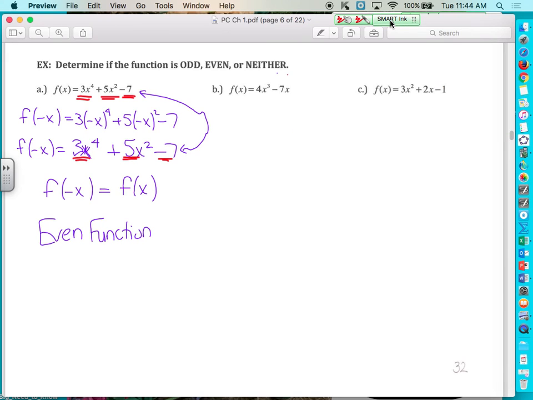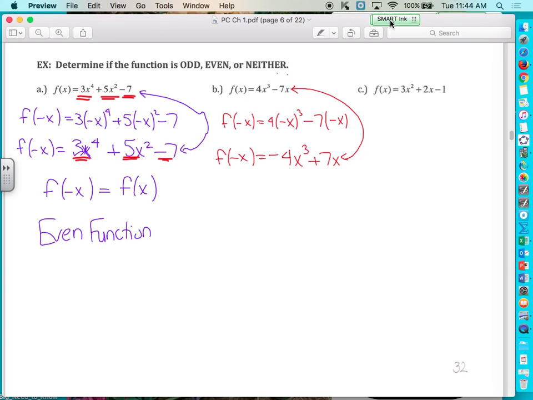The second one, if we try to plug in negative x and we simplify, negative x raised to the 3rd power is going to stay negative, so this would be negative 4x cubed. Negative x times negative 7 will be plus 7x. And then again, look back at that original problem.